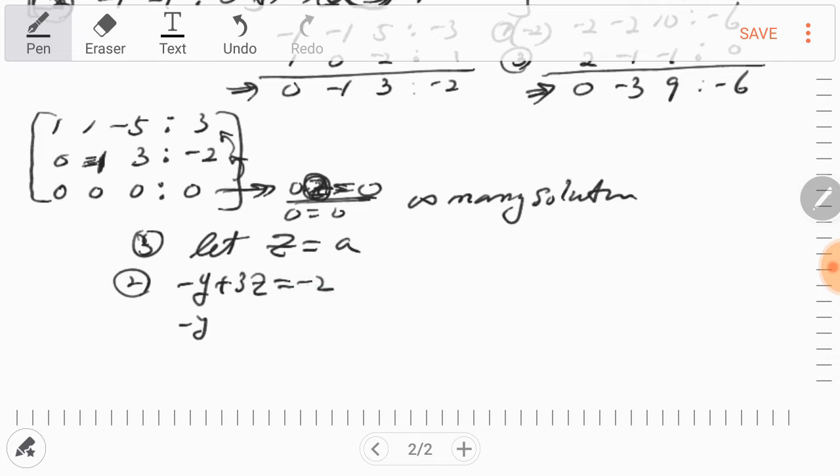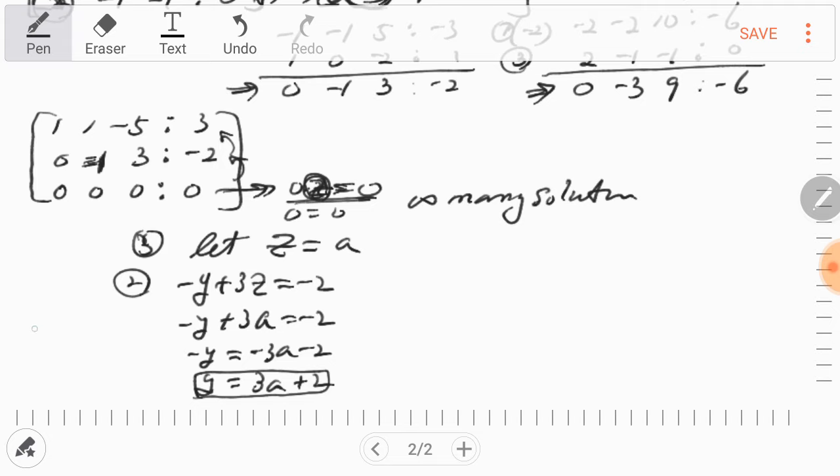Since z is a, replace z with a, then -y plus 3a equals -2. Then -y is equal to -3a minus 2. Multiply by negative, then y is 3a plus 2. So the format of the y coordinate is 3a plus 2.